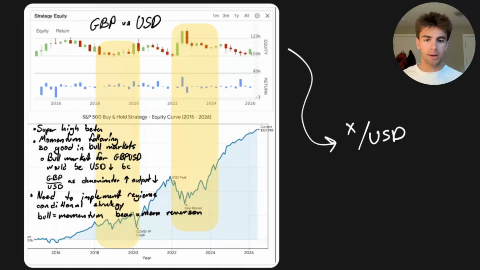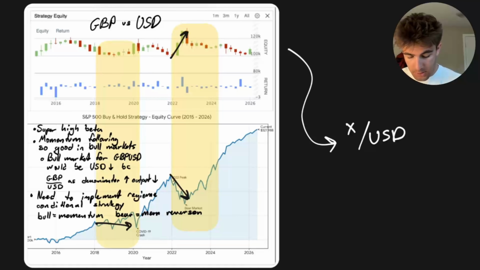That may be wrong, by the way. That's what I think. As we can see, as the S&P takes a huge hit, the equity curve of the strategy jumps up dramatically. We can see this again as the S&P has a relatively flat period. The strategy also has a relatively flat period, but in a slightly different direction.